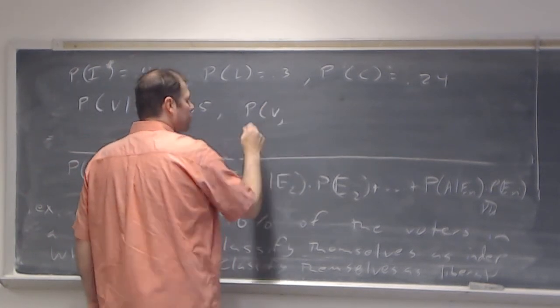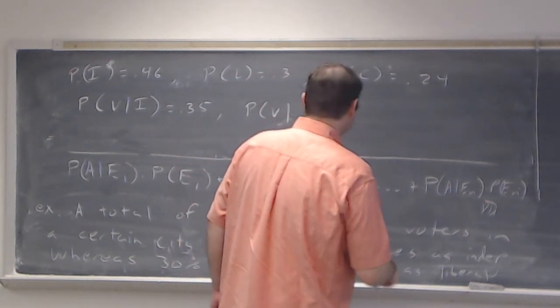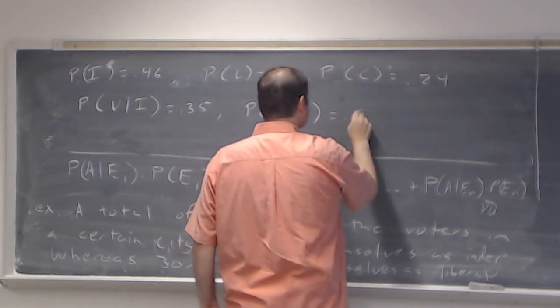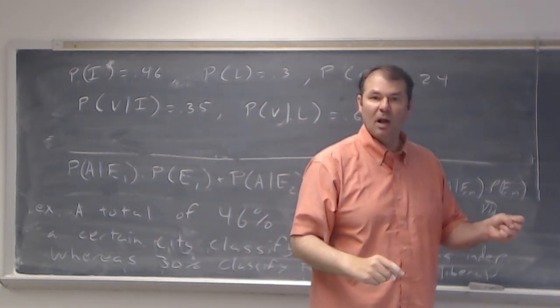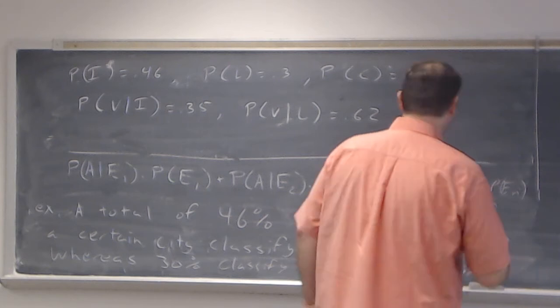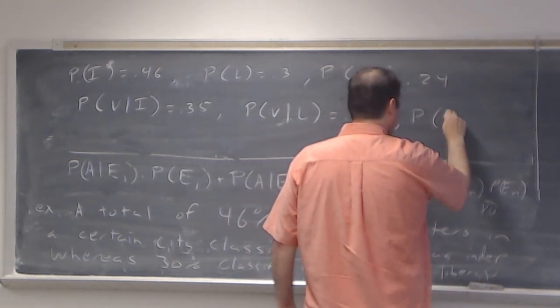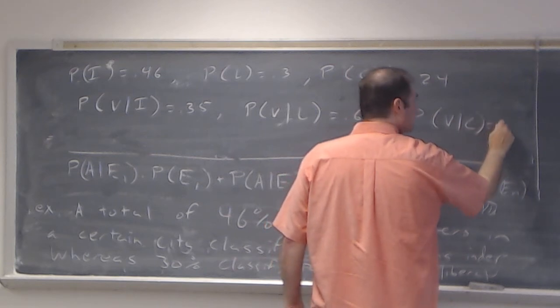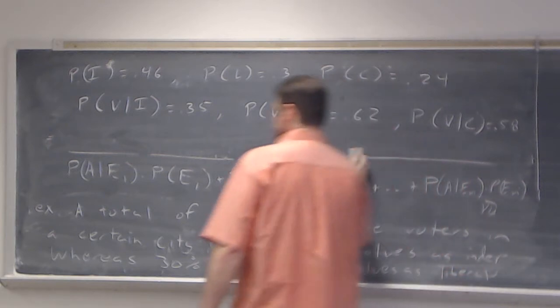Likewise, the probability that you voted, given that you're liberal, is 0.62. So I'm using that wording to gain symbolic information about what they're telling me in the problem. And the probability of voted given conservative is 0.58. That's what they're telling me.